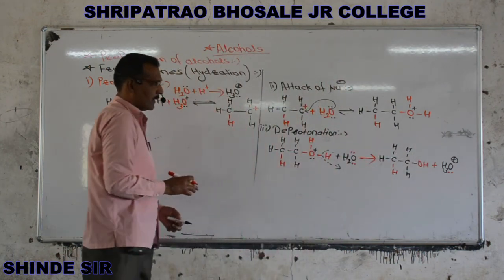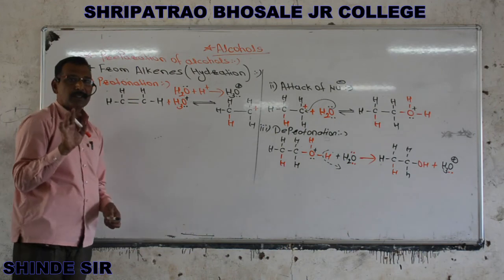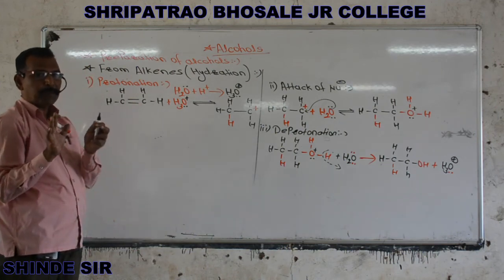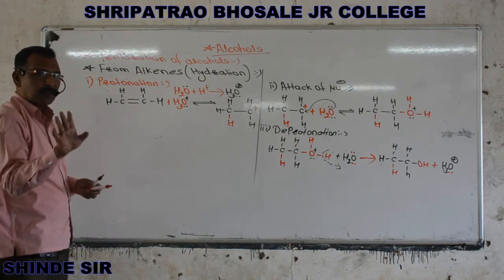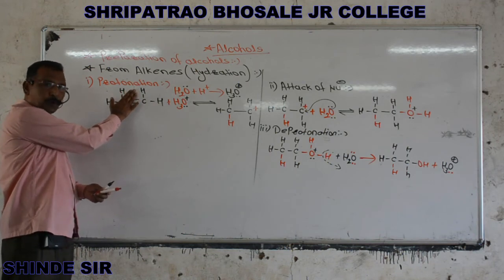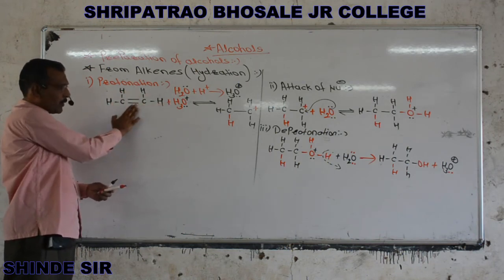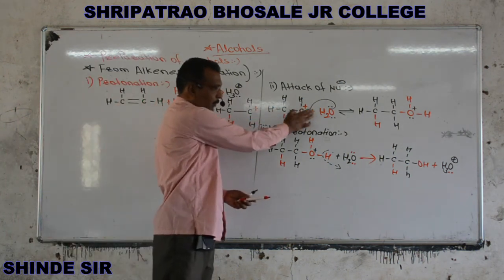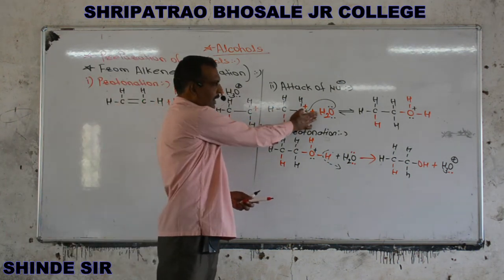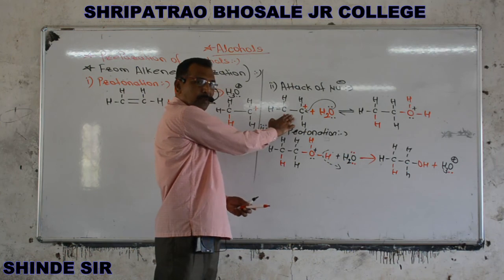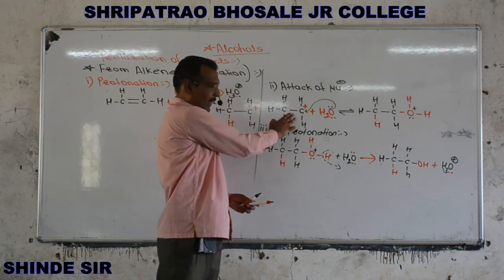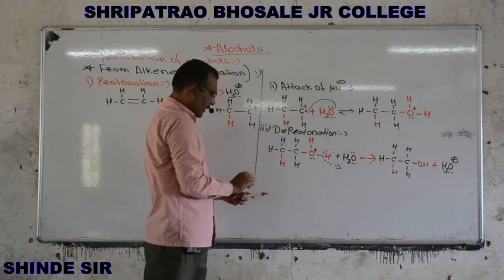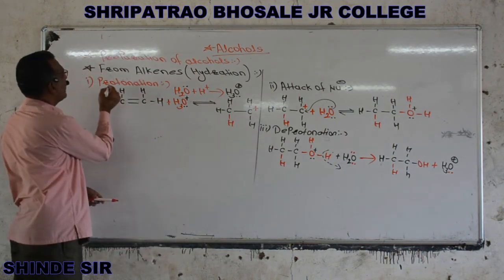So in this way the mechanism is in 3 steps. You have to keep in mind that there are 3 steps. First is protonation, where the proton is added. Second step is the attack of the nucleophile, which attacks the intermediate carbonium ion. The third step is deprotonation. I have already written here: the first step protonation, the second step attack of nucleophile, and the third step deprotonation.